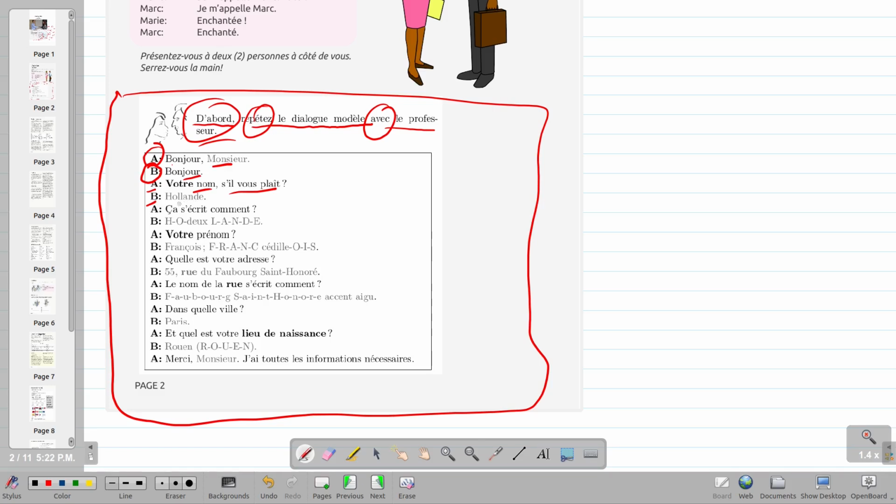And B responds, Hollande. So you see that the H is silent. Hollande. A says, ça s'écrit comment? How do you write it? How do you spell it? And B spells his name, H-O-L-A-N-D-E.